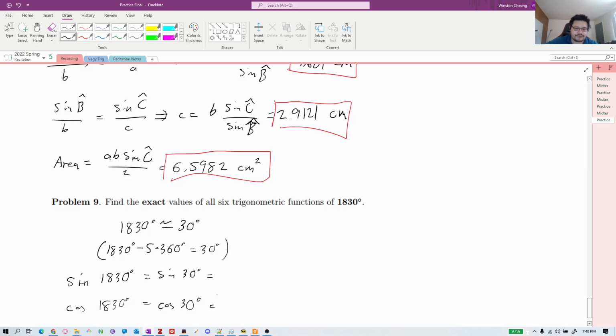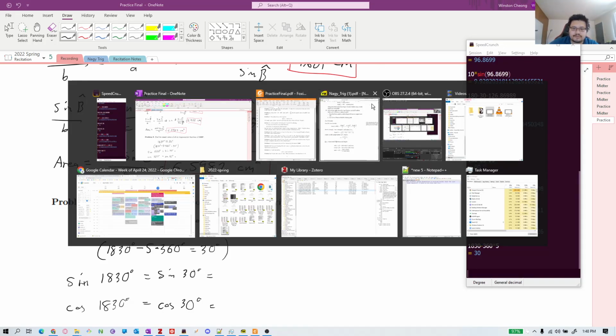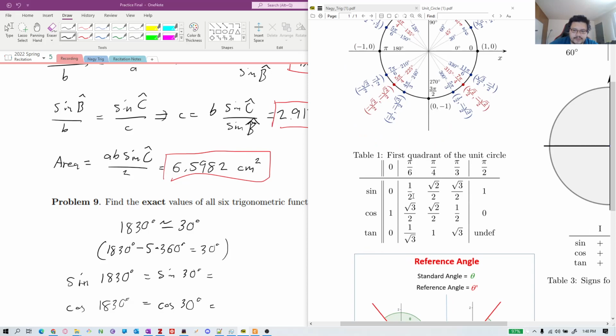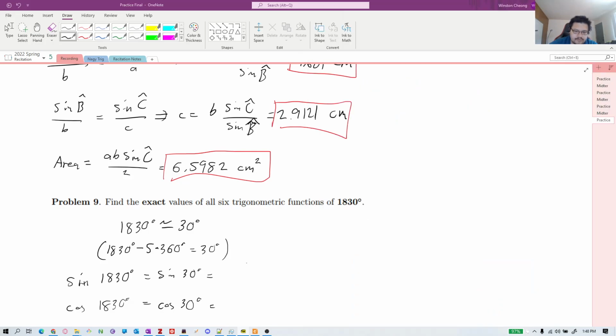And then of course your unit circle, if you don't have it memorized, well, we have that thing there. So you have to remember that pi over 6 is 30 degrees, and then the trig values are written right in this column.